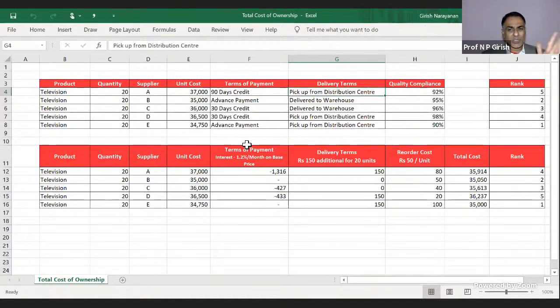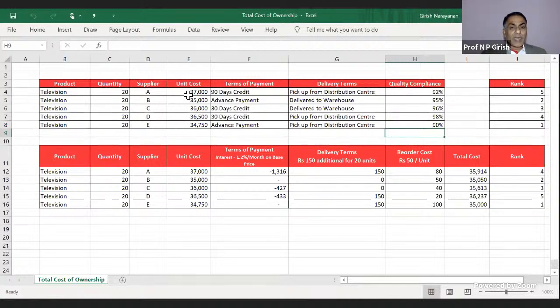Maybe the cost is low; that's their policy. Quality compliance: A is about 92%, meaning there's an 8% potential defect. B has 5% defect. C, 4%, and so on. E is 90%, 10% defect.